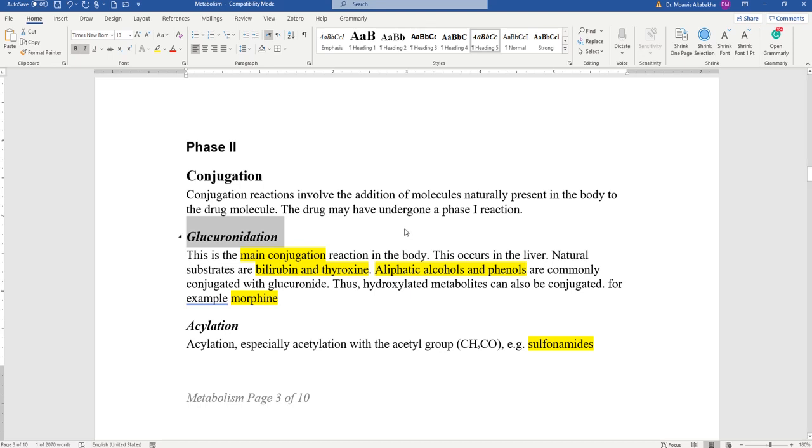What happens is that you are adding glucuronic acid to the drug. Glucuronidation, which is the most common type of conjugation, can also happen to some endogenous natural substances such as bilirubin.